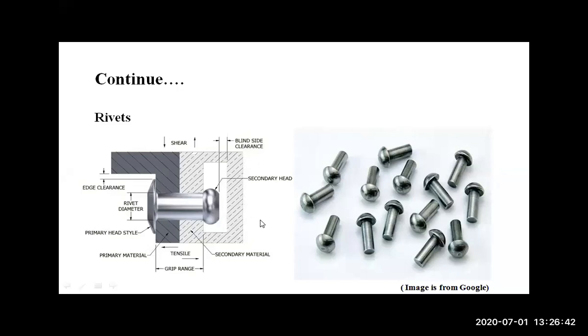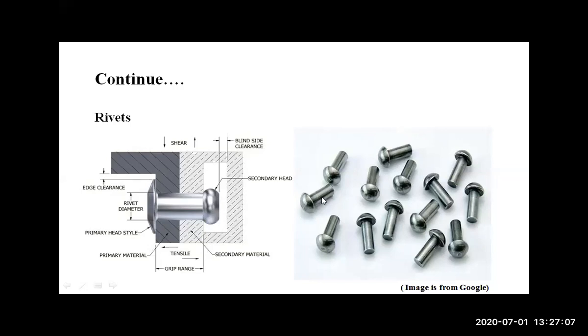We insert the rivet into the particular hole, and we keep two heads of hammer internally and externally, and we hammer this rivet from top and bottom, and that is how we make the bottom head, that is the secondary head. So first the primary head is also there, that is the primary head.